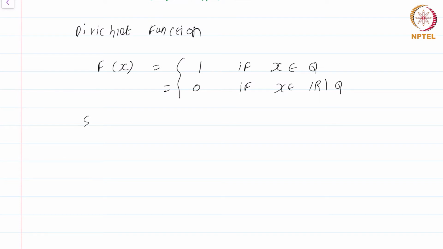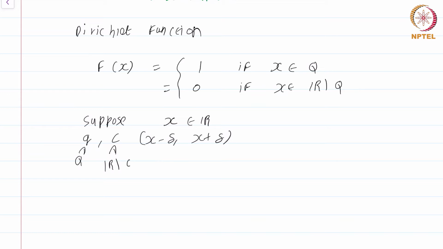Now suppose x is in R. It doesn't matter whether it's irrational or rational. Then any interval x minus delta, x plus delta will contain both a point q that is rational and a point c that is irrational, right?